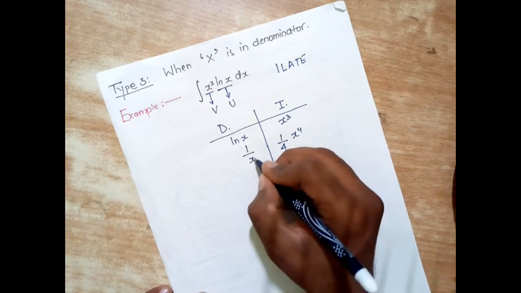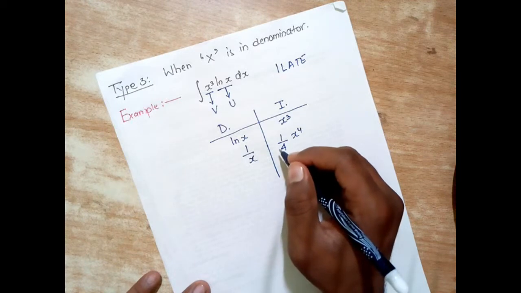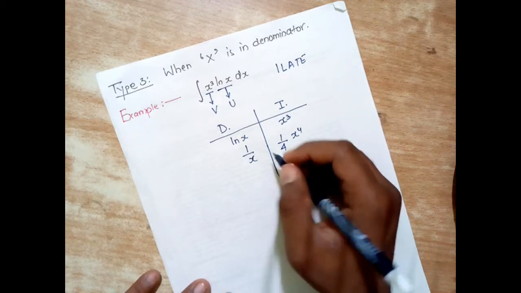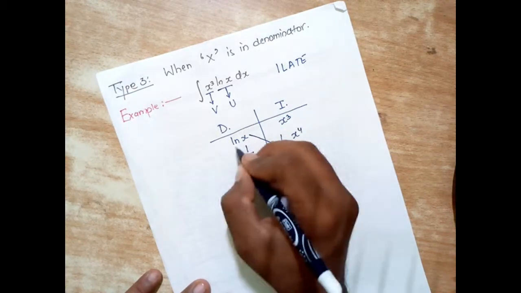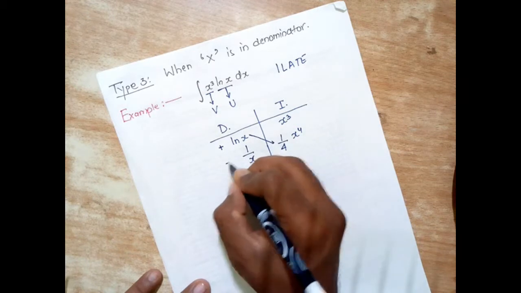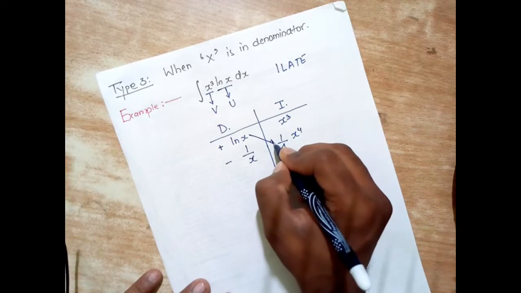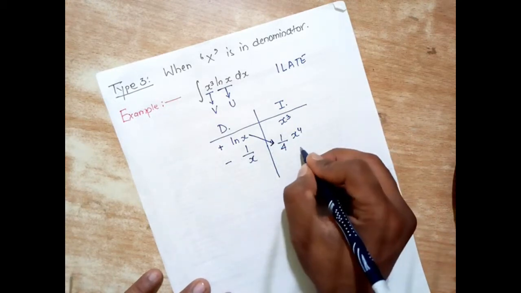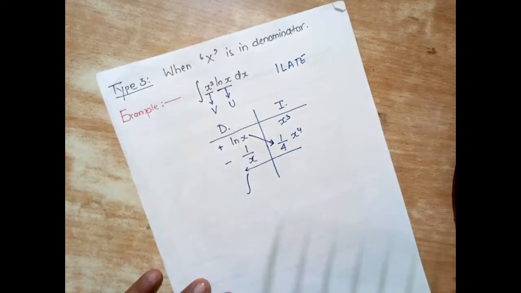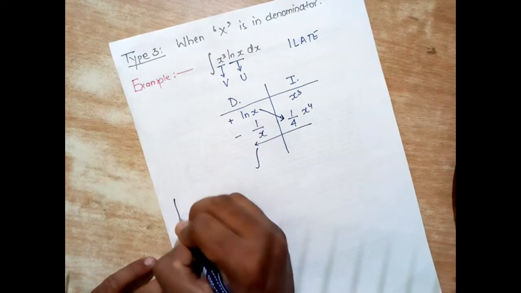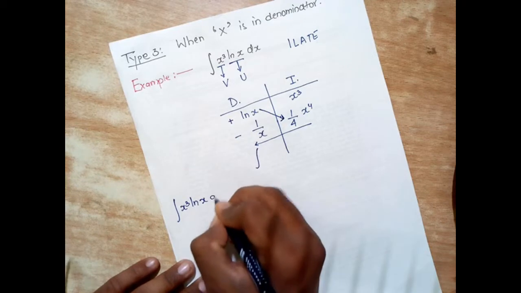Now, as soon as we see x in denominator, we stop and we continue our next step, which is multiplying this. My mistake. We should first give it symbols of plus minus. Then we multiply this with this, and we multiply this with this, and put an integration. That means, just like in previous step we did, we'll do in this one, log of x dx.